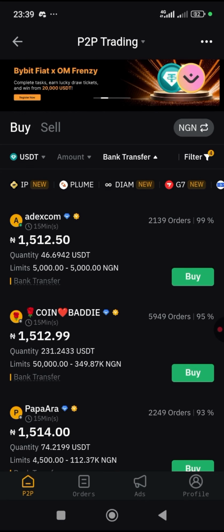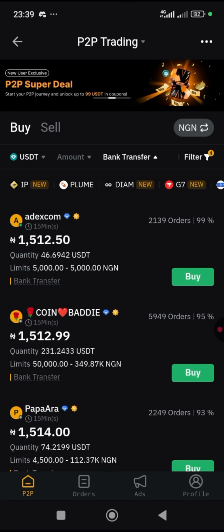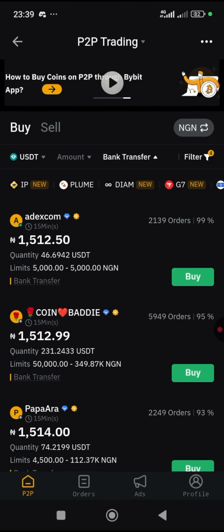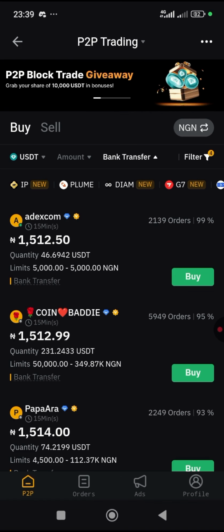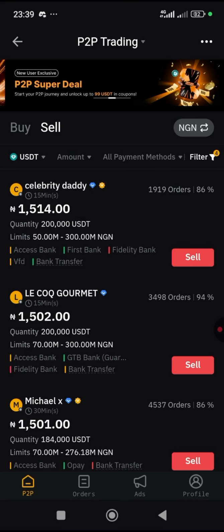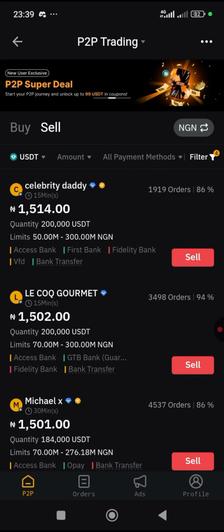You can see that on Bybit, to buy USDT is around 1,512, which is quite higher than what we saw on Bitget. And for us to sell, we can see here the seller order is around 1,514.